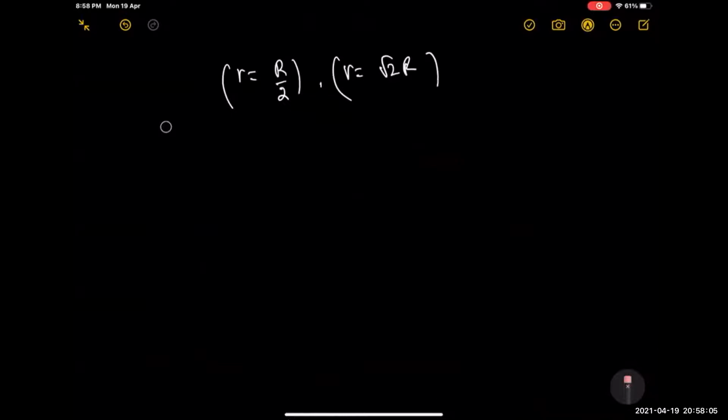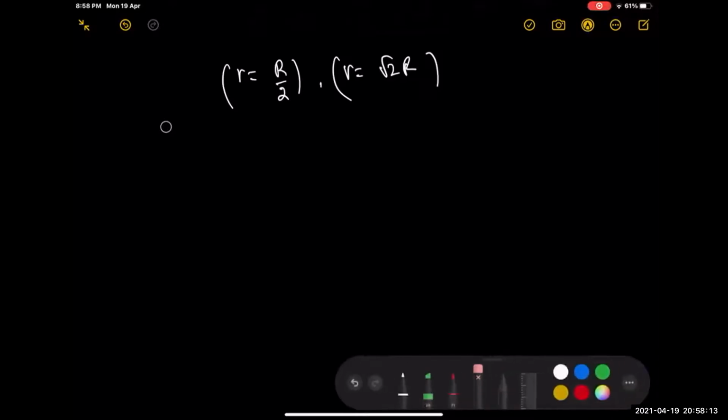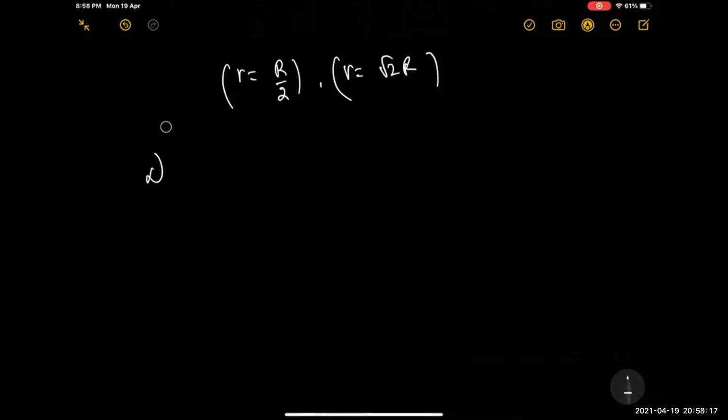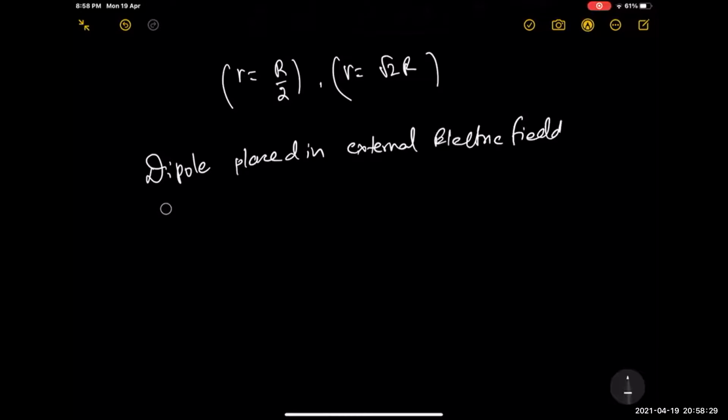So what we'll do is, I think the theory is all over. There is one more thing remaining, which is a small thing: dipole placed in external electric field. Okay, so write this: dipole placed in external electric field. And give me 2 minutes break. I'll be back in 2 minutes.